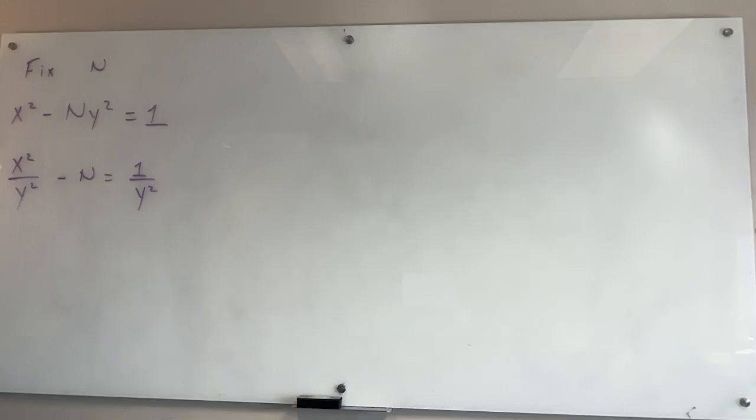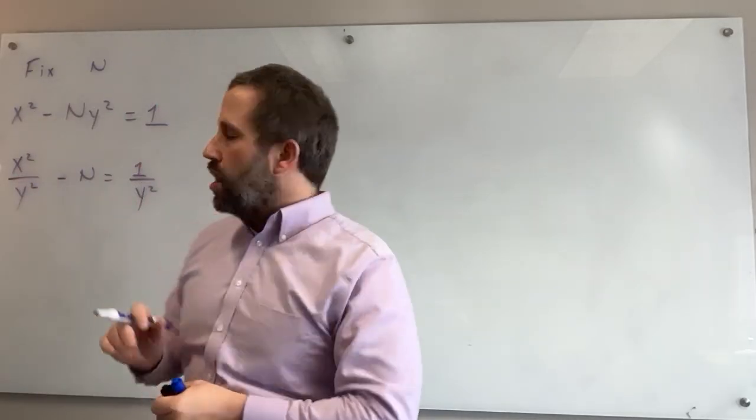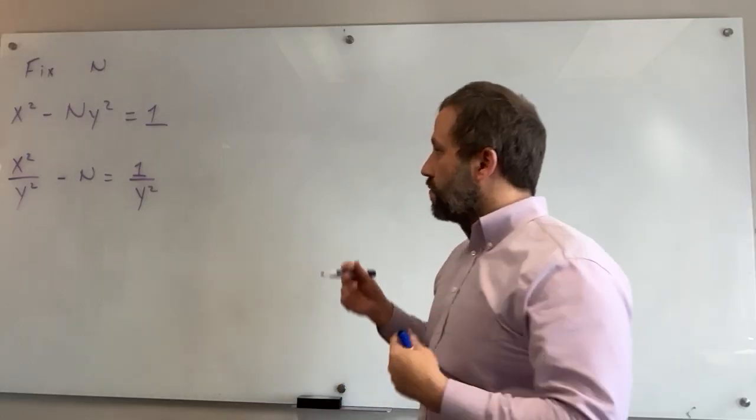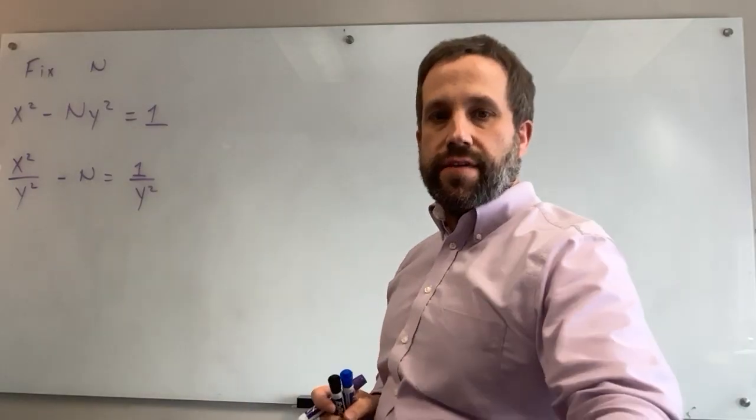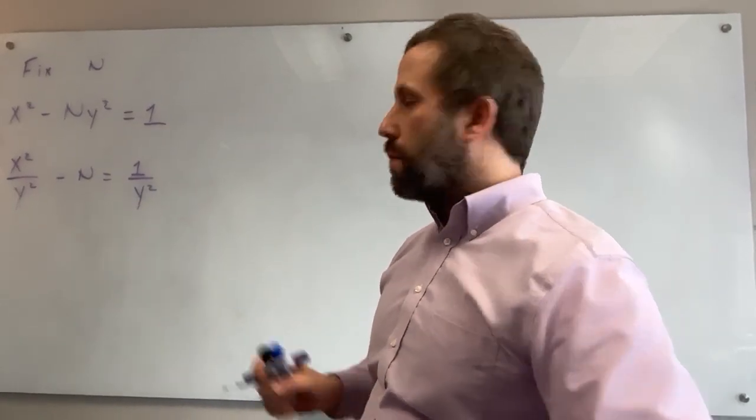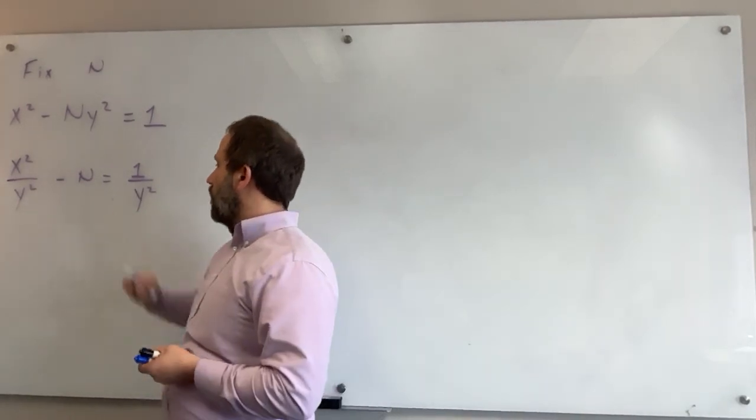So this is telling me that x over y is an approximation to the square root of n, with the error being 1 over y squared. So if we can find integer points, this gives us a way to approximate the square root of n.